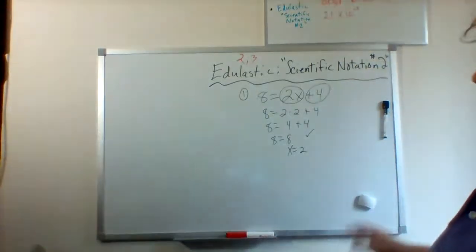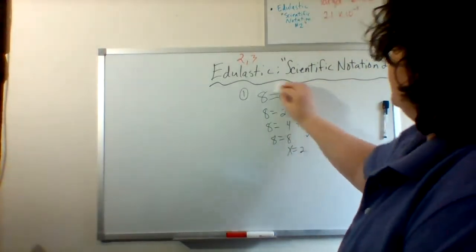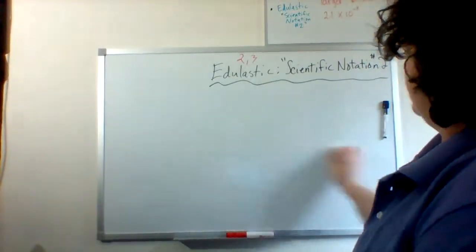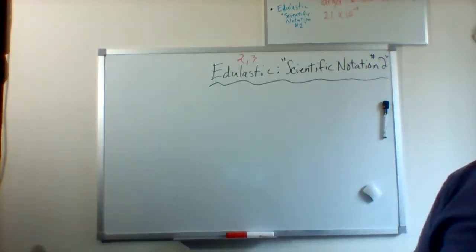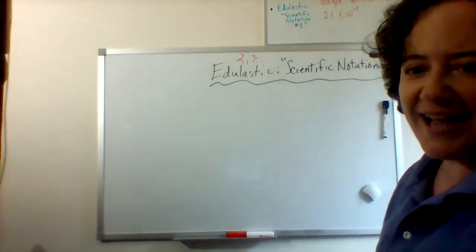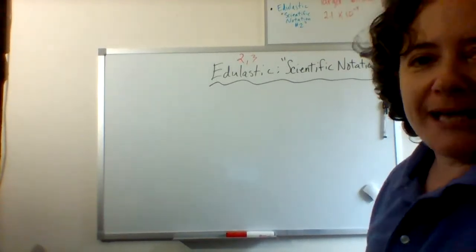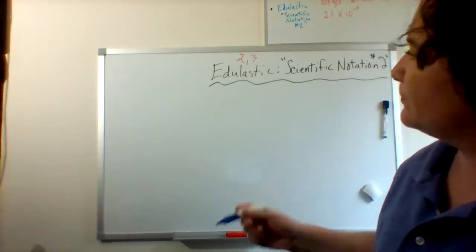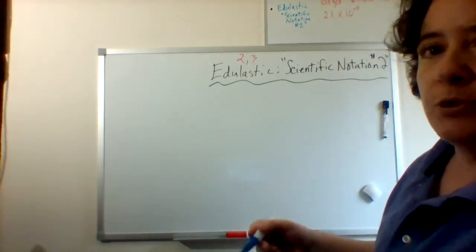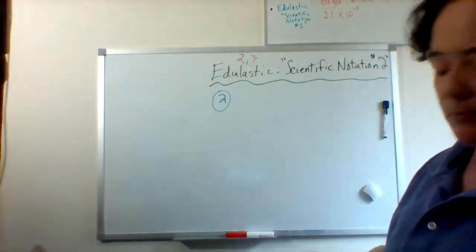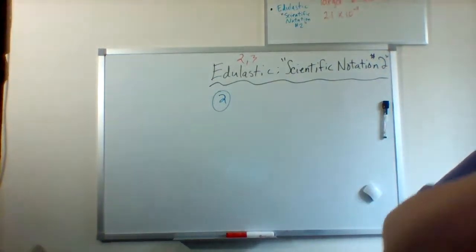Okay, number 2 and number 3. Yes, Yaelin, hi. So we are on Edulastic, scientific notation, number 2 in Edulastic, and I'm working on number 2 right now for people. I'm going to do number 2 and number 3.